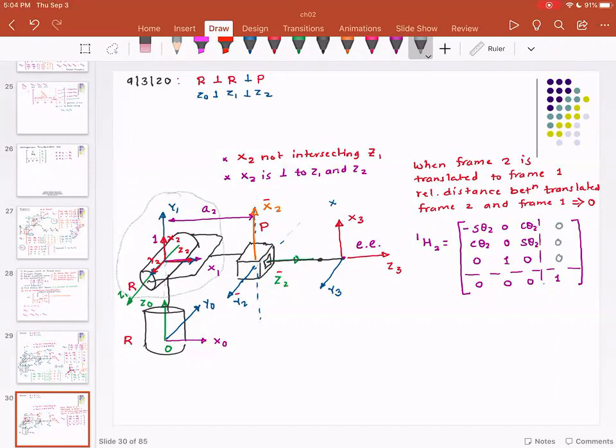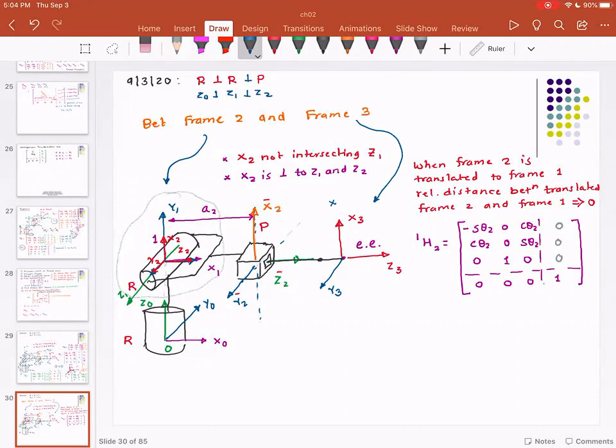It is super important. Between frame 2 and frame 3, and when I say frame 2, I mean this frame, and when I say frame 3, I mean this frame, we have a prismatic joint.